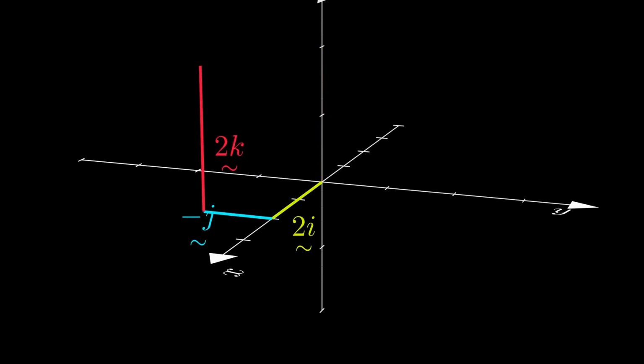Let's join these vectors up tip to tail, form a point P, and from the origin we can now form a vector which points to this direction, 2i minus j plus 2k.